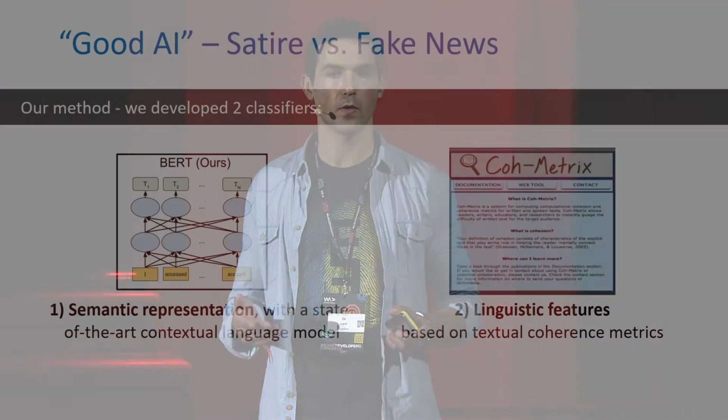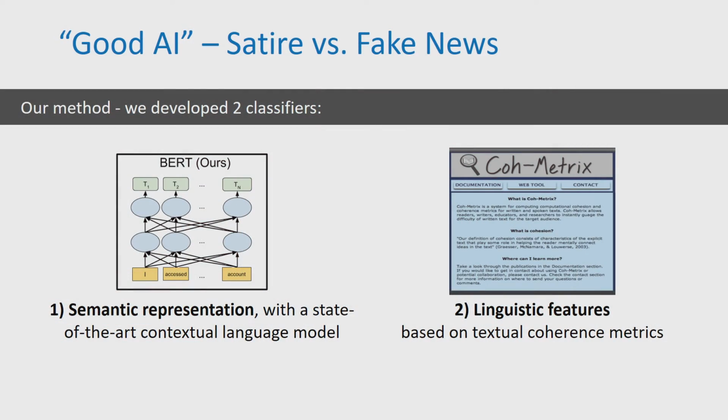For the semantic part, we used Google's BERT. BERT, for those of you who don't know, you can think about it as an advanced word2vec language model. Word2vec is supposed to capture some semantic representation of words, such that the word king relates to the word queen, like the word man relates to the word woman, okay?